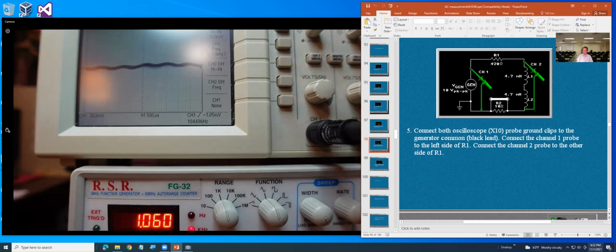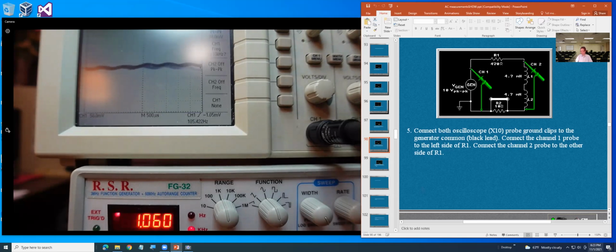You understand the oscilloscope can only measure at a single point. You cannot measure the voltage across a resistor without a ground route.